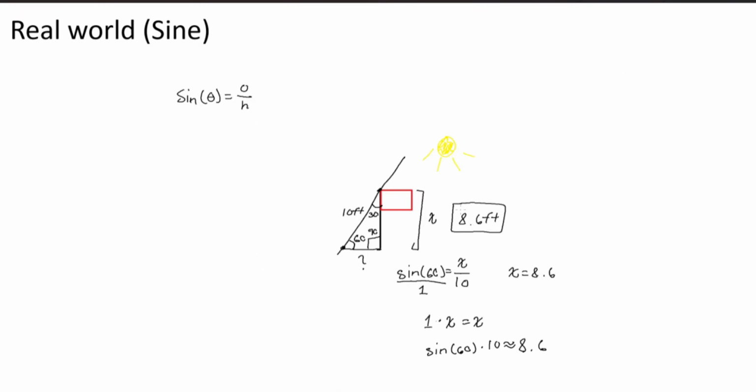Now, many people probably don't know this, but these trig functions like sine, cosine, and tangent aren't just limited to finding the heights of flagpoles or trees. They're actually used in a lot of modern technology, specifically graphics rendering for your video games, or advanced 3D models for machinery. It's used a lot for computer graphics.